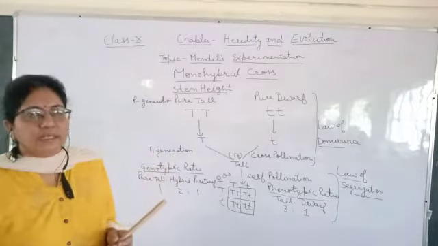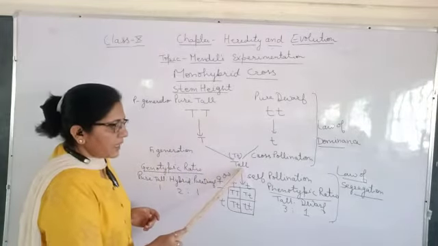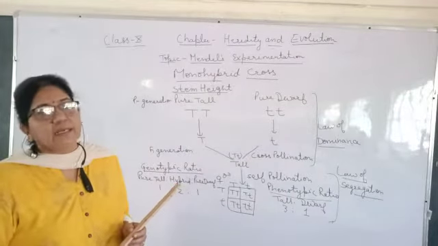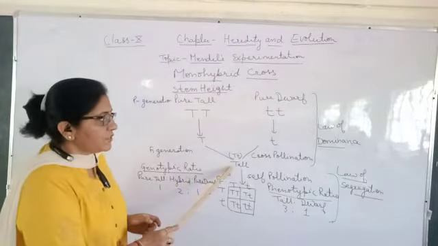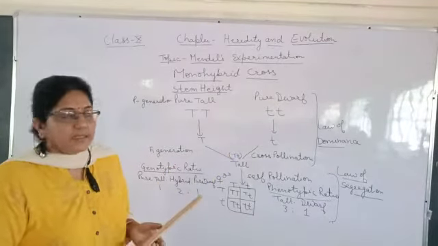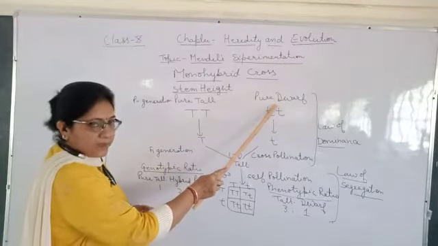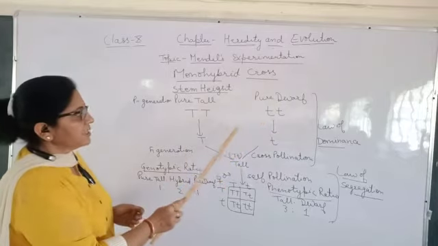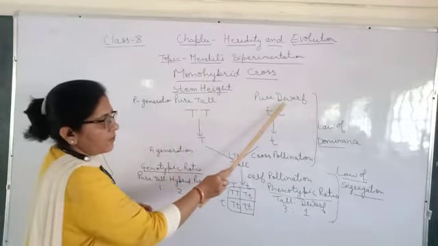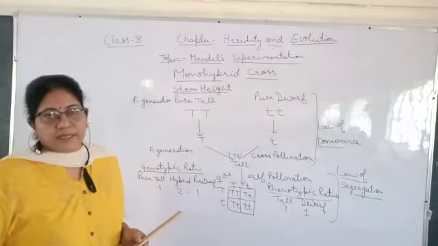The answer to this question is that the character which appears in the F1 generation is a dominant character, and the character which remains unexpressed or concealed is known as the recessive character. So in this experiment, tall is the dominant character and dwarf is the recessive character.